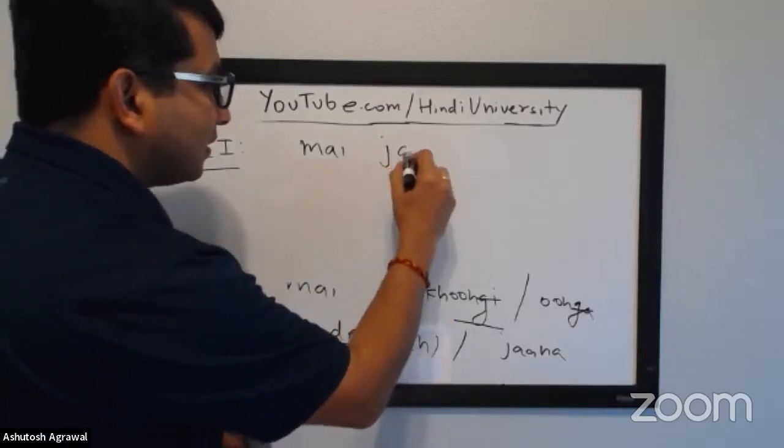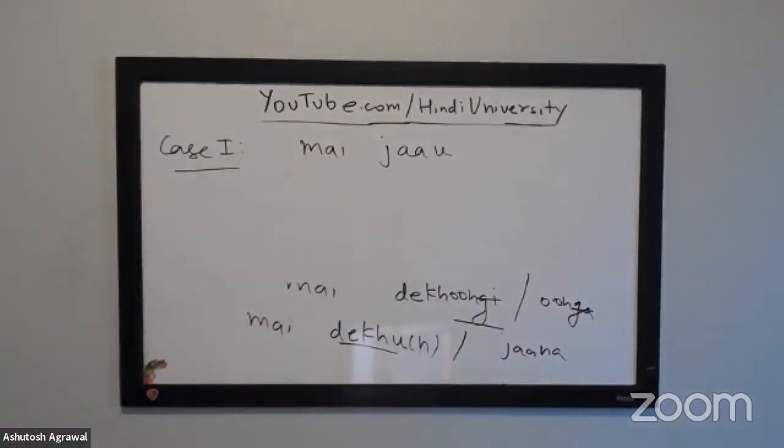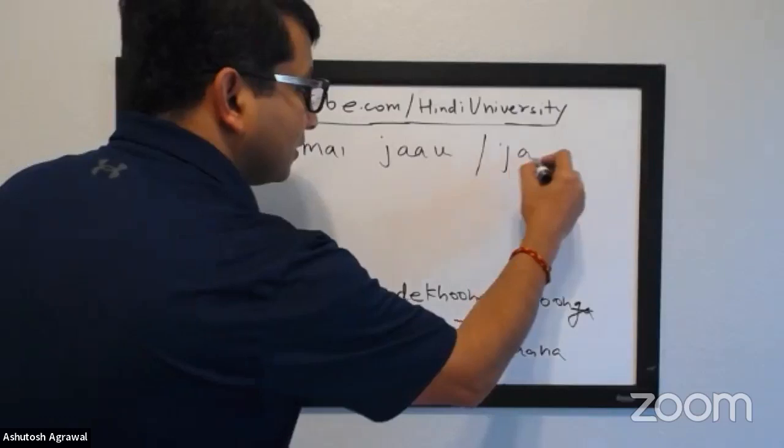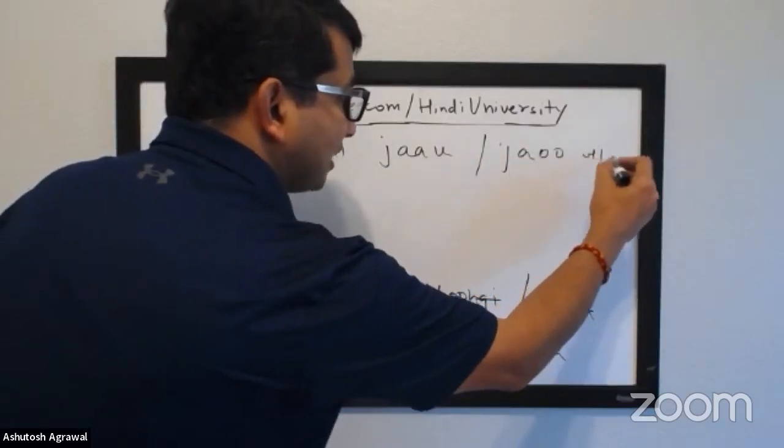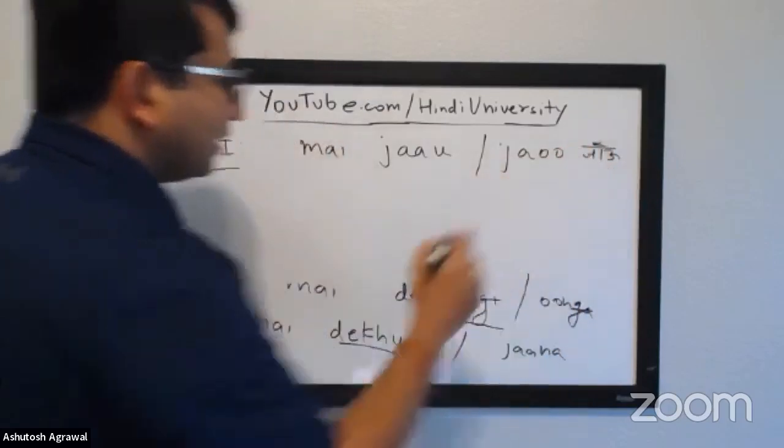Very good. I'm going to just use you here, but it's the same thing. मैं जाऊं. Okay, मैं जाऊंगा. If it is bothering you, you can just say जाऊं, but it's really ja with u. मैं जाऊं.